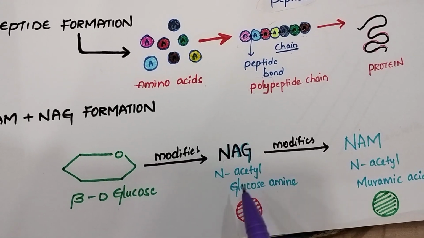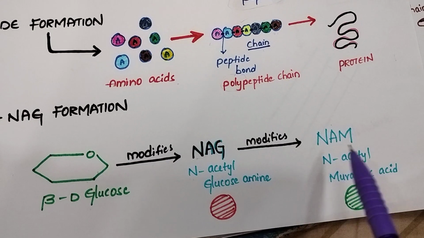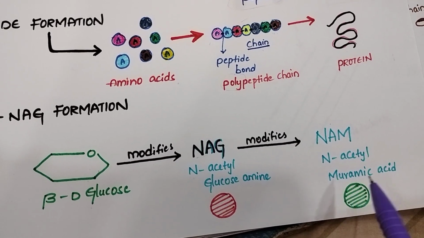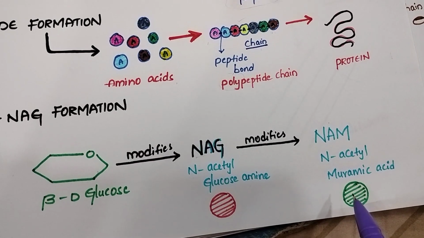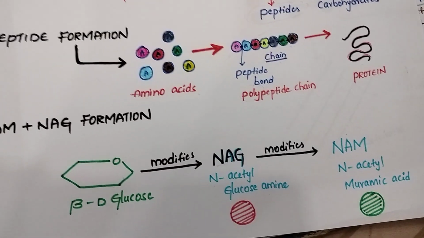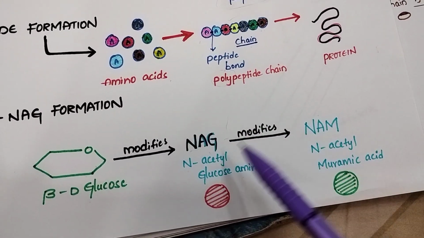Then NAG in turn modifies and forms NAM, called N-acetyl muramic acid, which I have indicated in green color. NAG and NAM are carbohydrates.